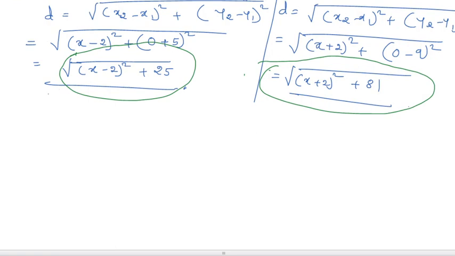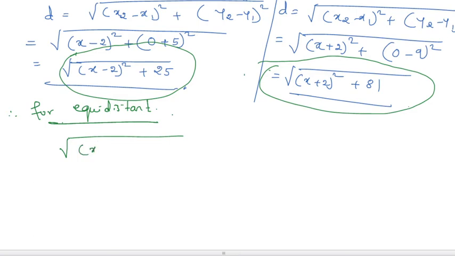Therefore, for the equidistant condition, we can write square root of (x minus 2) whole square plus 25 which is equal to square root of (x plus 2) whole square plus 81.